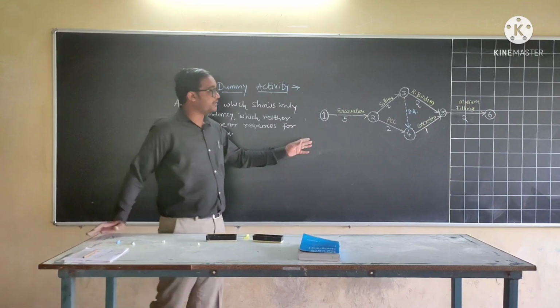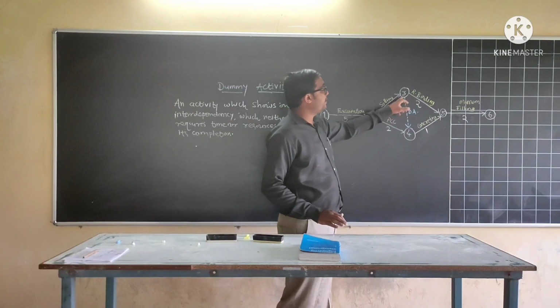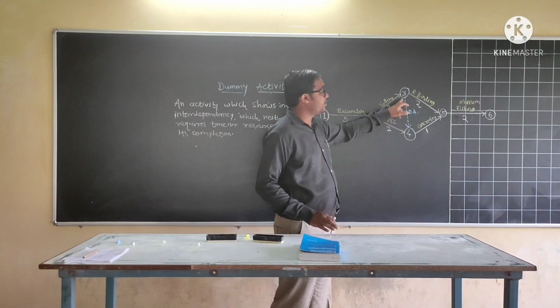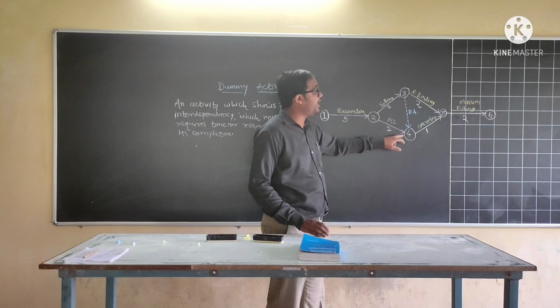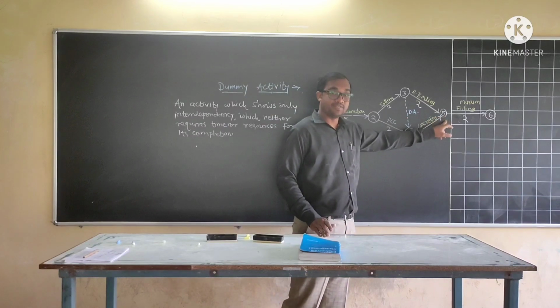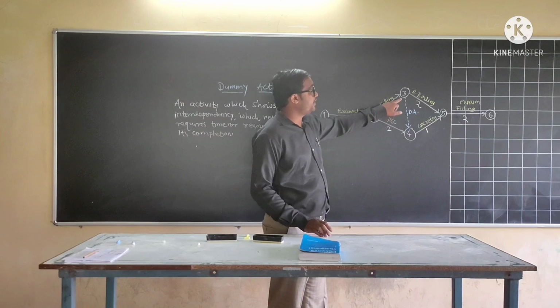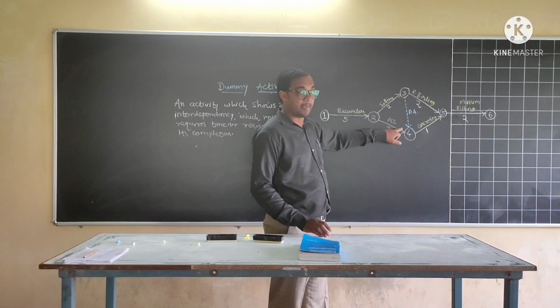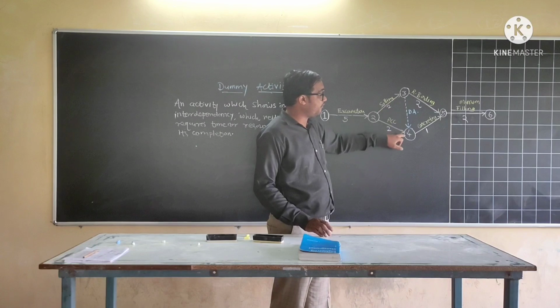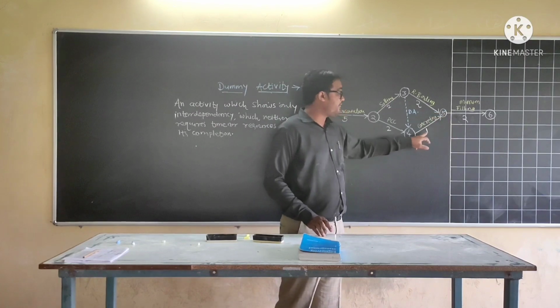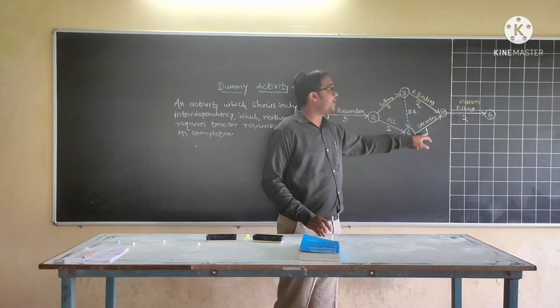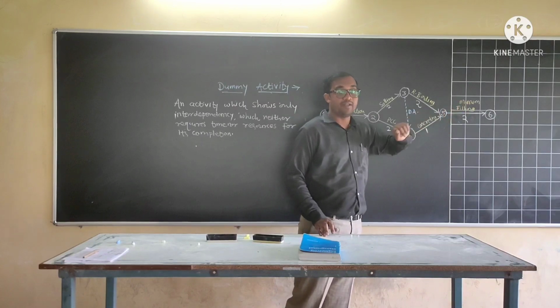So you can see here event number 3 and 4. After completion of event number 3 and 4, only event number 5 will start. Therefore, there is interdependency on event number 3 and 4. After completion of 3 and 4, only 5 will start. If concreting is not complete, then how can you do murum filling?